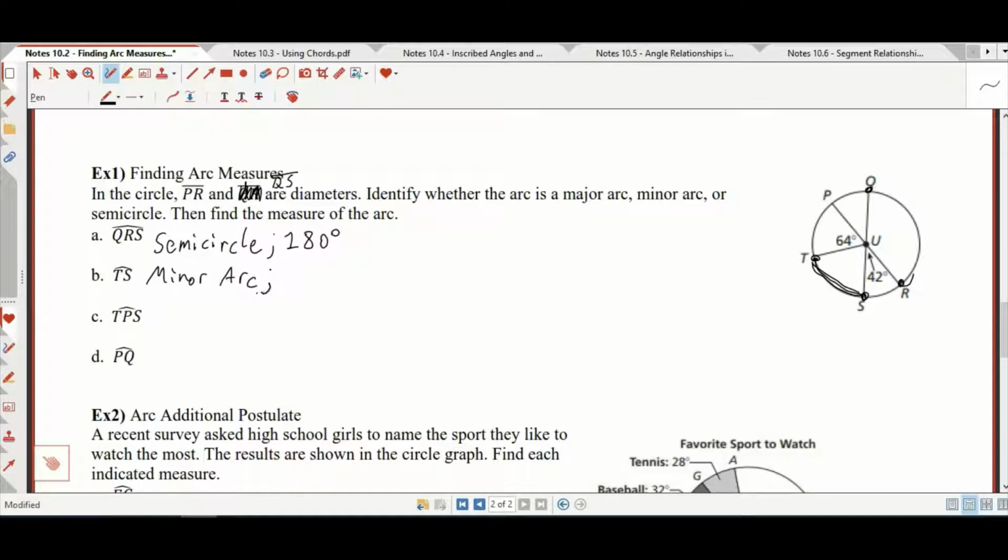And its measure, well, the arc PTR is 180 degrees, and the arc PT is 64, arc SR is 42.